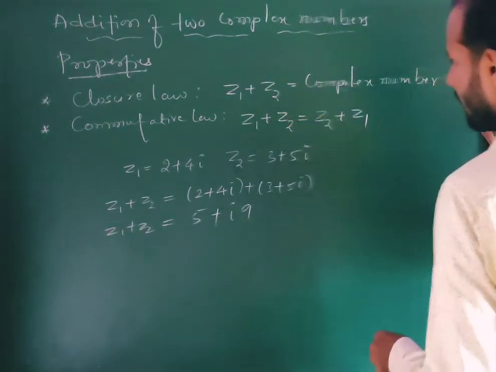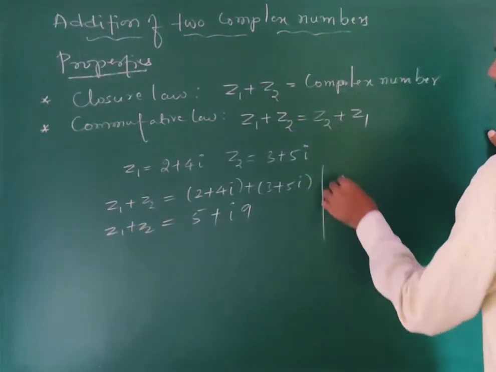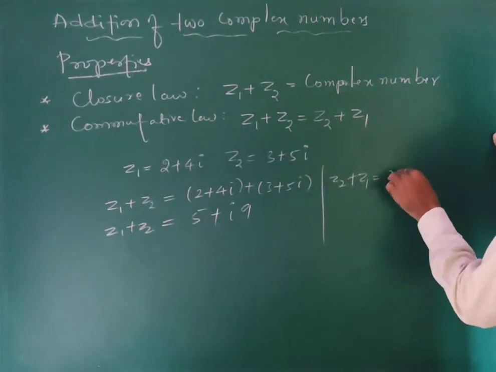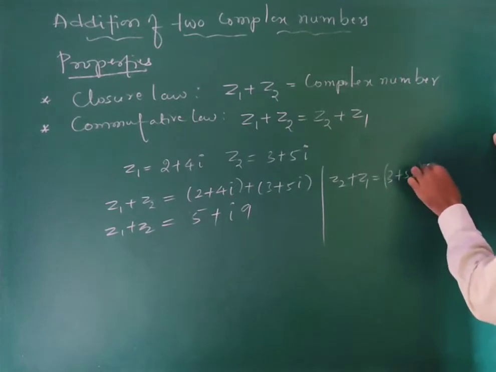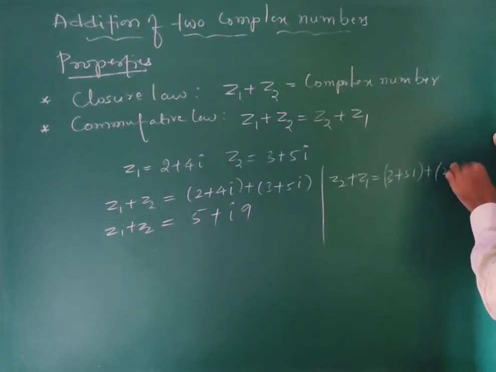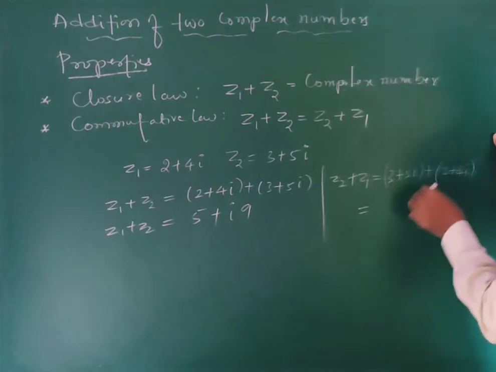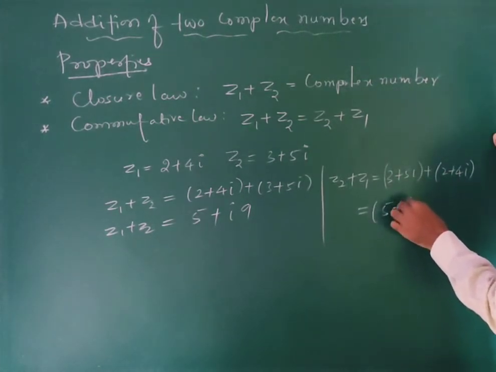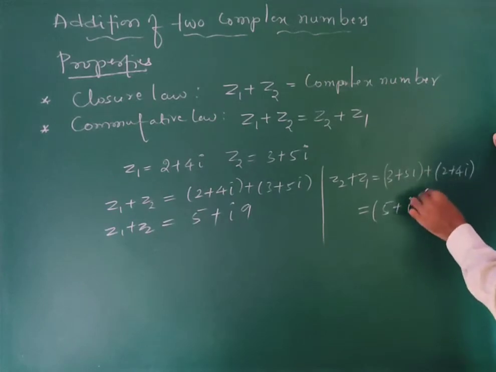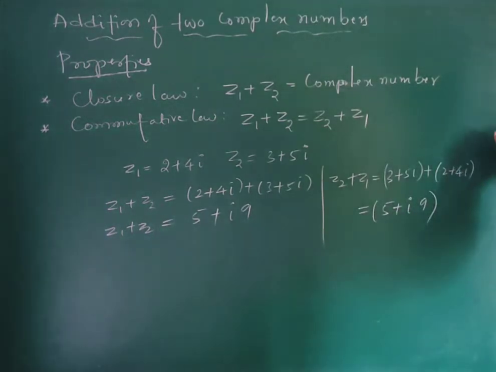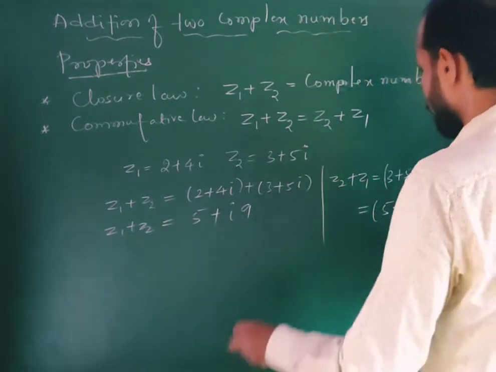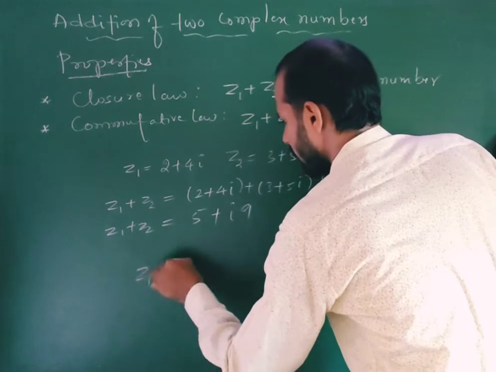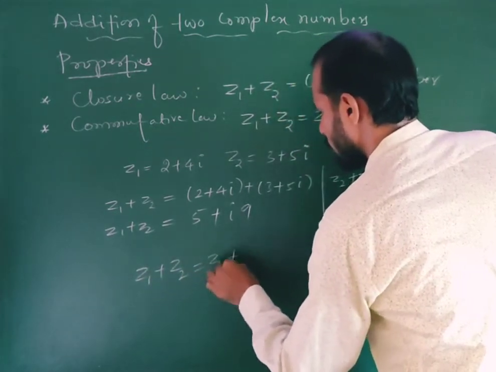Right? Similarly, if we solve Z2 plus Z1, the value of Z2 is 3 plus 5i plus 2 plus 4i, right? Now again add 3 plus 2, that is 5 plus i outside. 5 plus 4 is 9. 5 plus 9i, right? Here Z1 plus Z2 is equal to Z2 plus Z1.